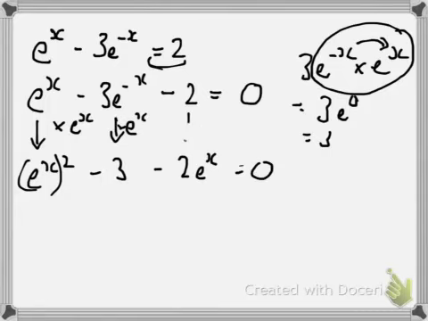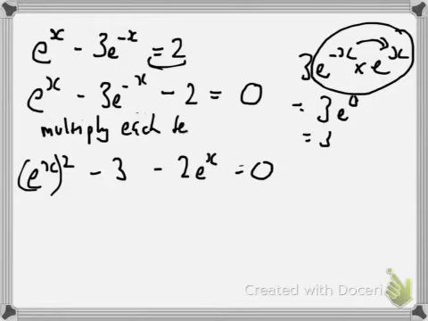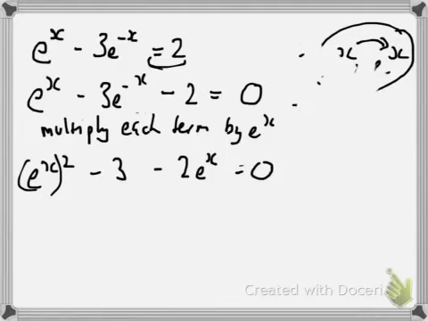So it looks less cluttered, I'll now rub out this little connection here. But what I've done is multiply each term by e to the power of x. Right, and that gets me the line I'm on now. That looks more quadratic-like, and now I can make my substitution.